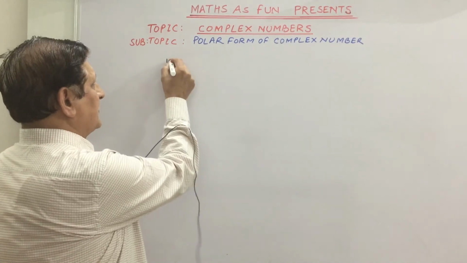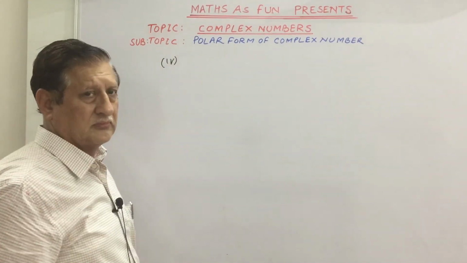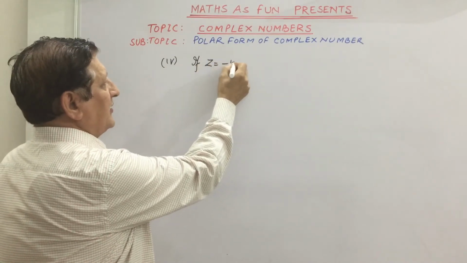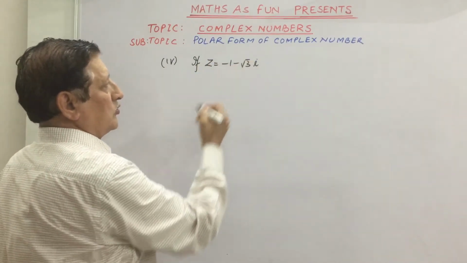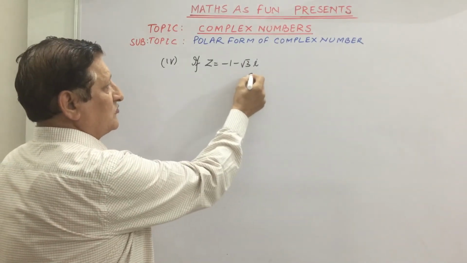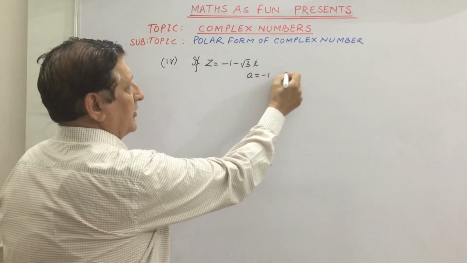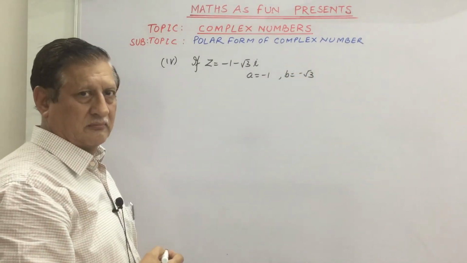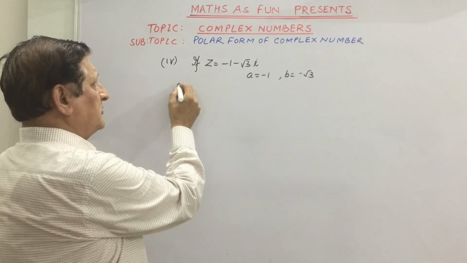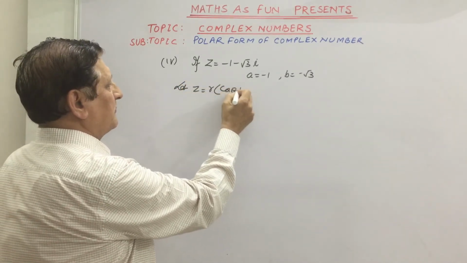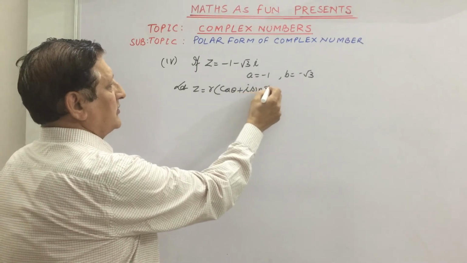Let's take the fourth case now. If z is equal to minus 1 minus root 3 iota, you can see here a is minus 1 and b is minus root 3. Both are negative. Let the polar form of this be z is equal to r into cos theta plus iota sin theta.